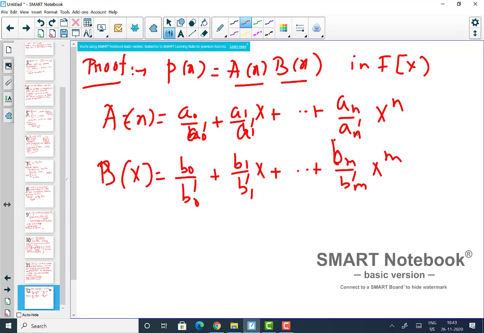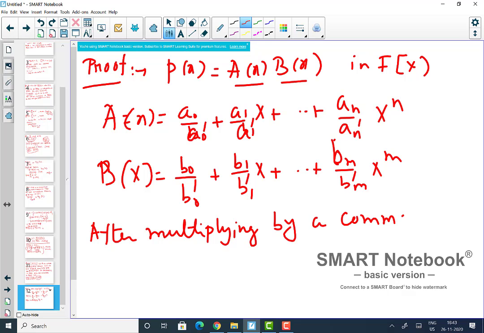So we multiply throughout by the common denominator, the product of a0 dash, a1 dash, up to an dash, b0 dash, b1 dash, up to bm dash.